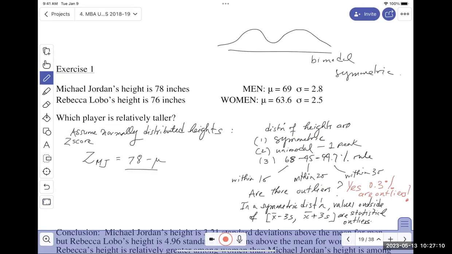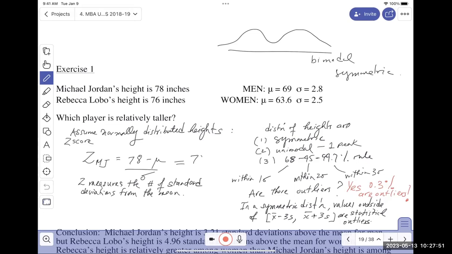I'm going to subtract the mean and divide by the standard deviation and convert this into a measure of the number of standard deviations from the mean that 78 is.